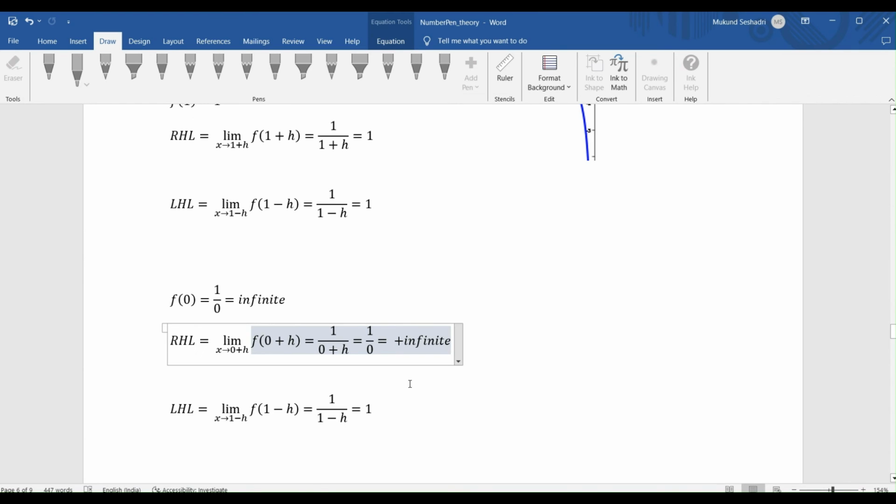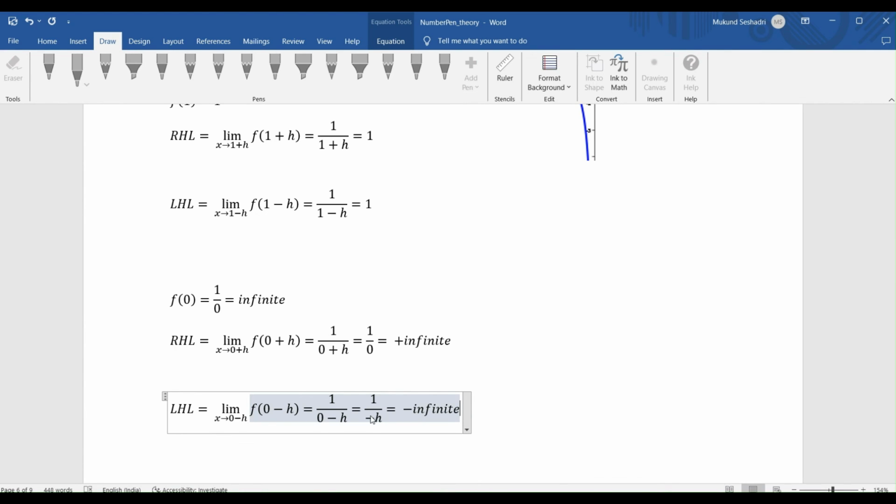And one of the reasons I'm calling this positive infinite is, you will come to know that when I do the left hand limit at 0 minus h, right? So I'll go to my left hand limit 0 minus h, and I replace this and I get 0 minus h, which is 1 divided by minus h, which is my negative infinity, right? So for values which are smaller than 0, which means it is negative, for a value which is very close to 0, this function takes negative infinity.